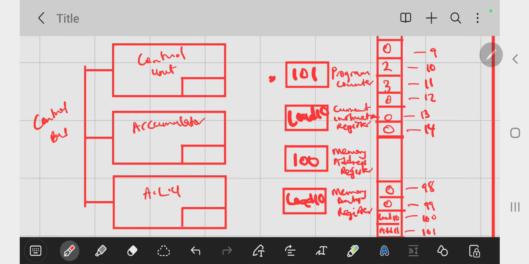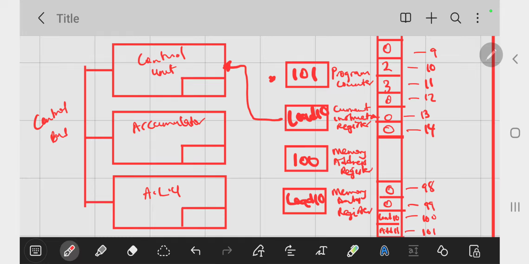So the next stage basically is decoding in the sequence of fetch, decode, execute. In decoding, the content that is stored in the current instruction register is now passed on to the control unit, and the control unit will try to make sense of it: okay, this is what it means, load 10.